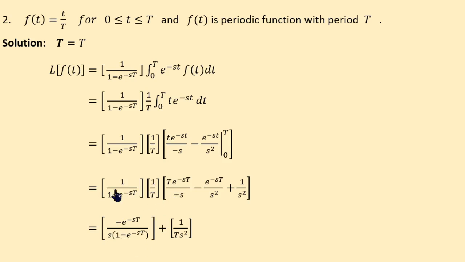Second and third terms combine: 1 minus e power minus sT, the 1 minus e power minus sT cancels, 1 by s square remains, and with 1 by T, it is 1 by T s square. So this is how we can simplify.